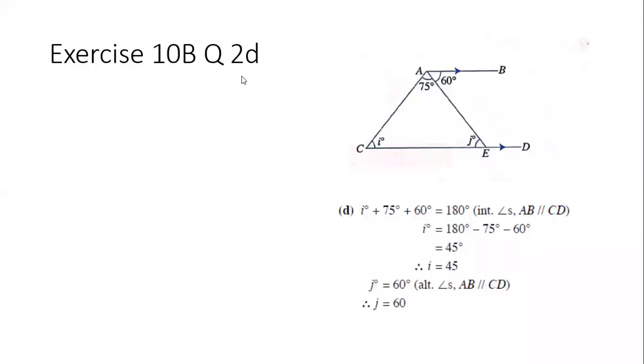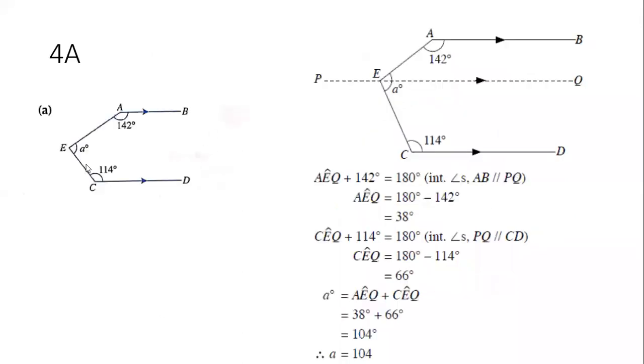Okay, let's jump to another question. From this figure here, we are asked to find this value, which is quite easy. The first step again is to draw a line which shall be parallel to AB and CD. So let's suppose that's the line. Now this line is actually dividing this angle A into two parts.